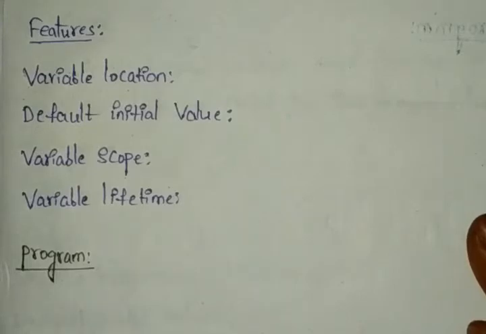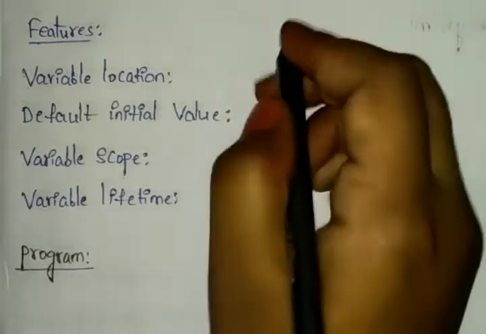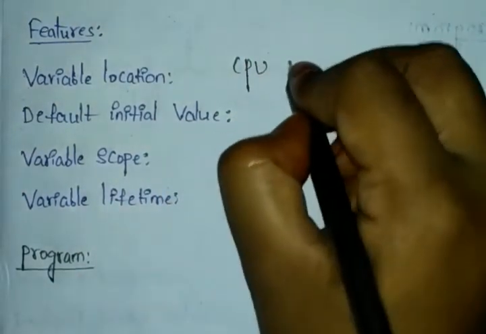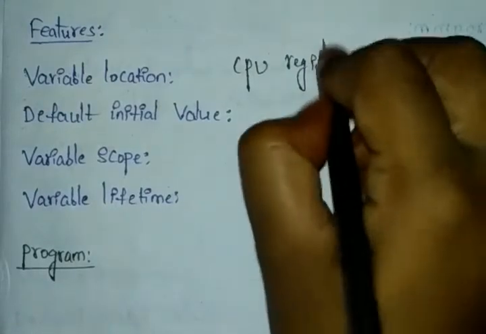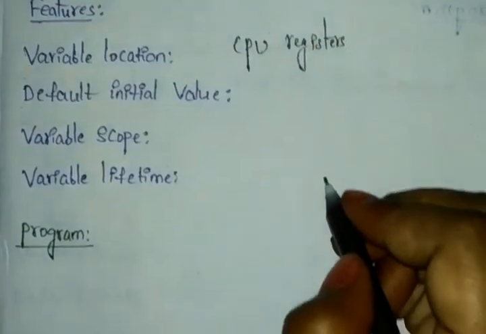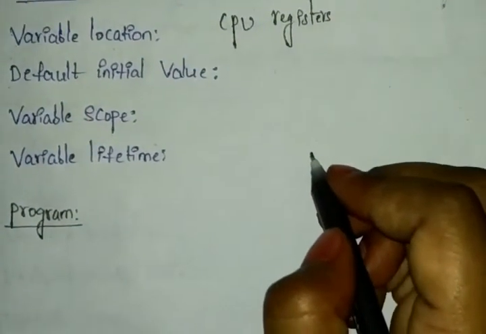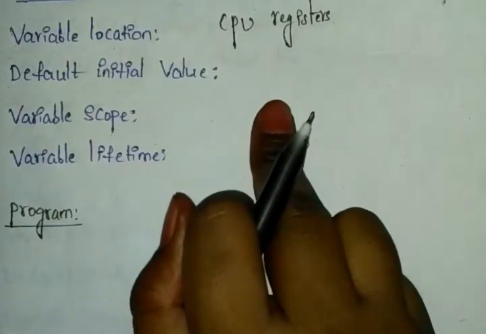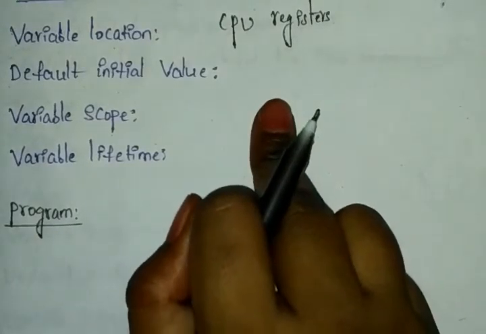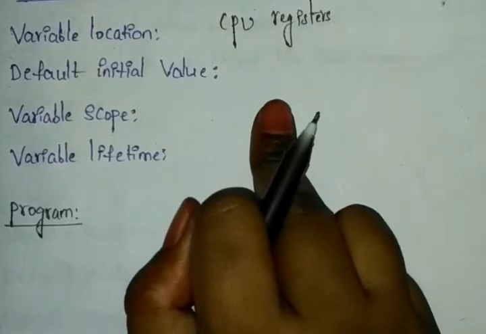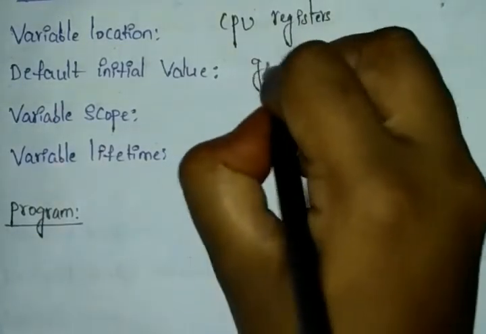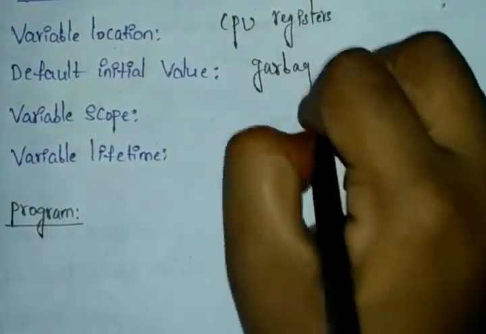The variable location will be in the form of CPU registers. And next, the default initial value. The default initial value is an unpredictable value, a garbage value only.